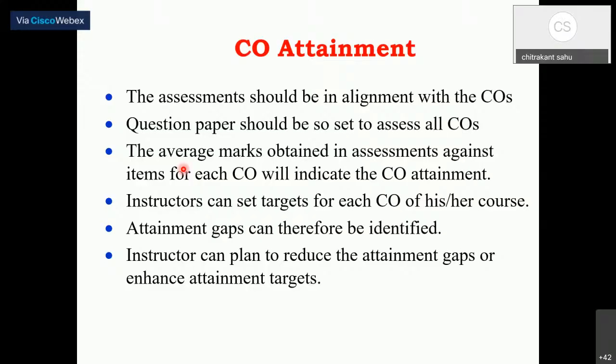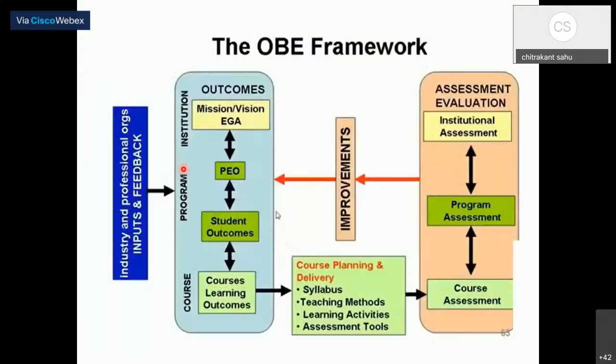Attainment gaps can therefore be identified after analysis and after the evaluation process. Once the examination is over, you can find out what attainment level was achieved. Then the instructor can help reduce the attainment gaps or enhance the attainment targets. If something was lacking during one semester, it can be improved in the next semester. I think that is covered, right?